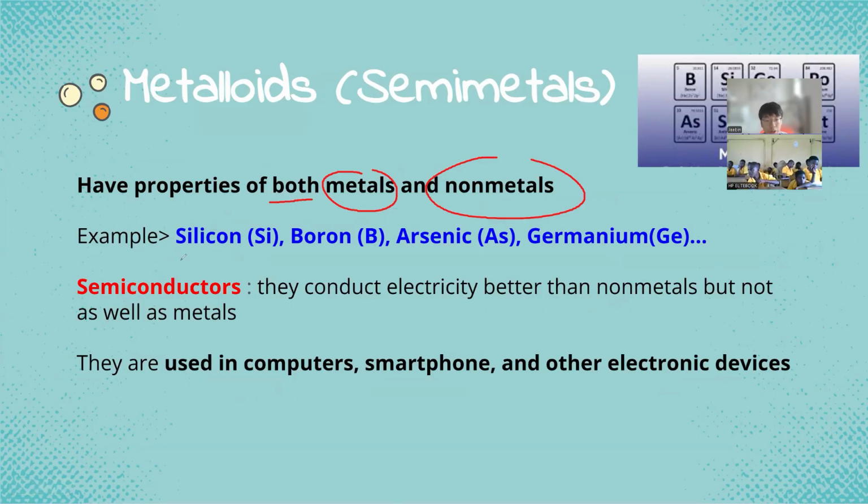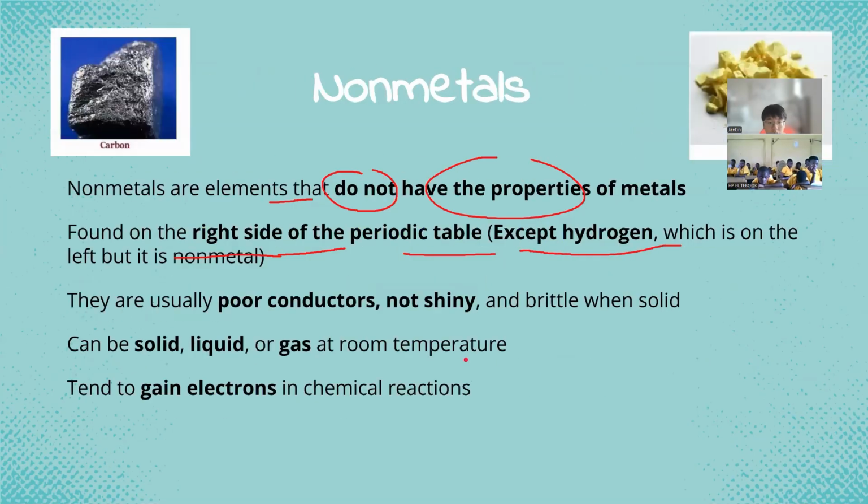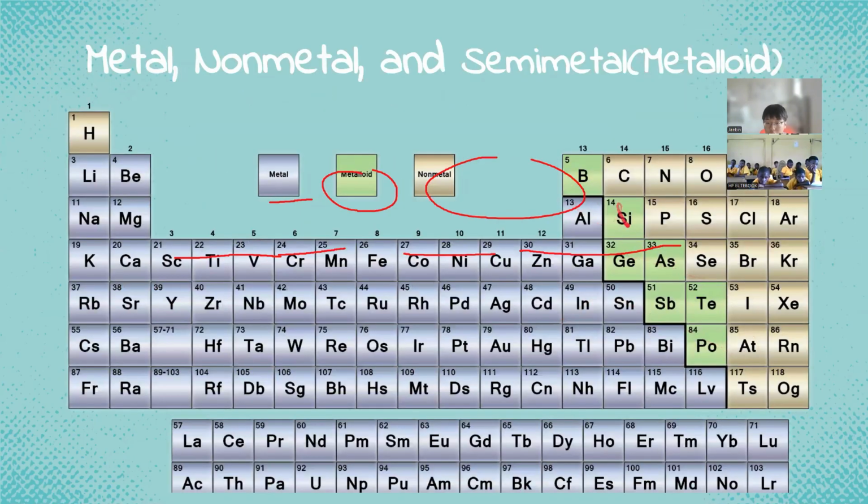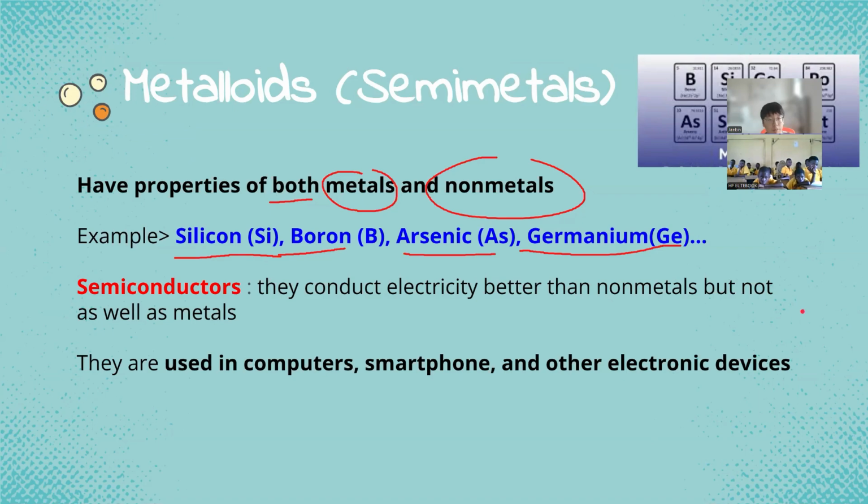For example, there are silicon, boron, arsenic, germanium, and other elements like you can see here. There are a total of 1, 2, 3, 4, 5, 6, 7 metalloids.